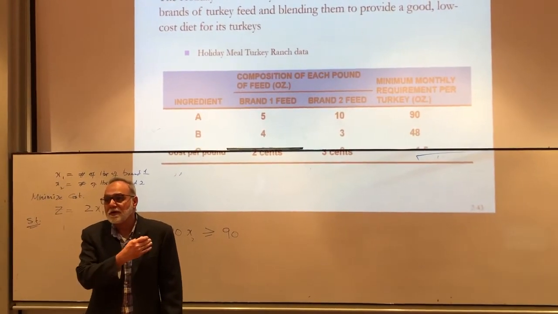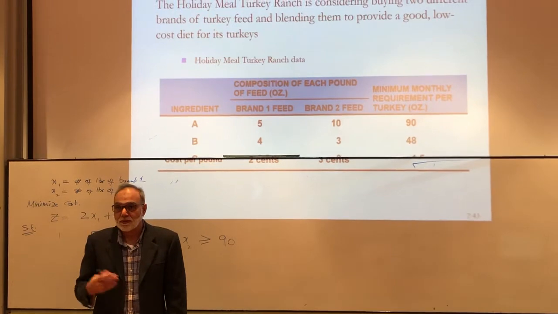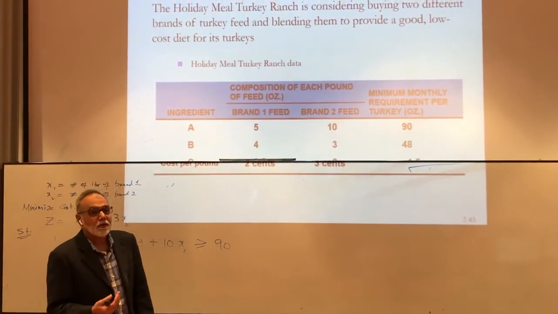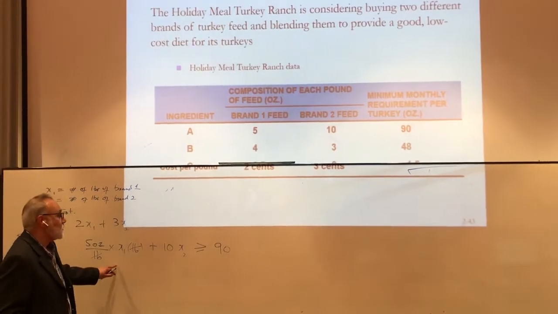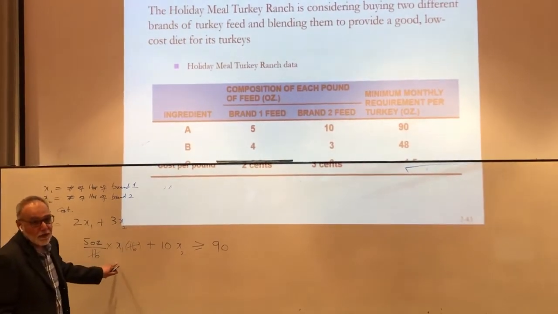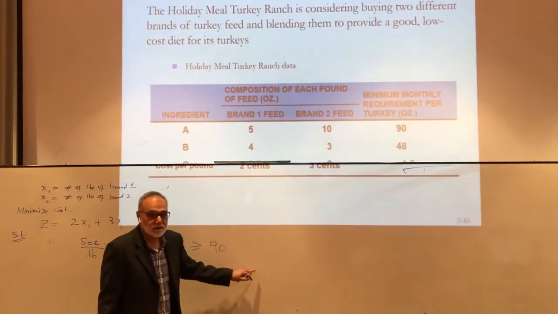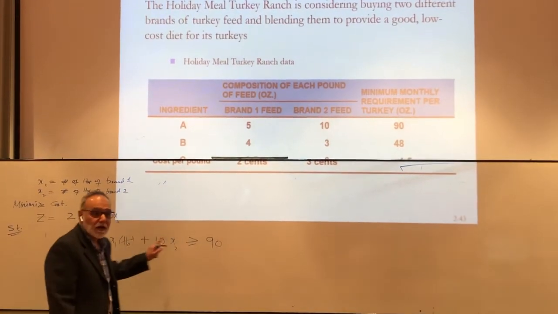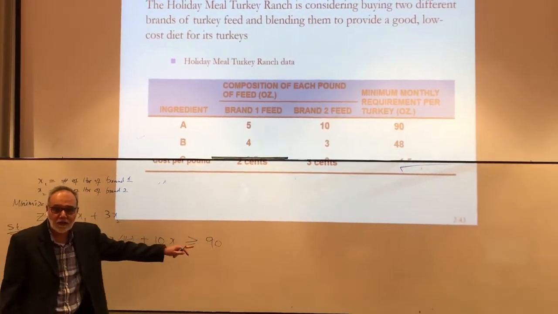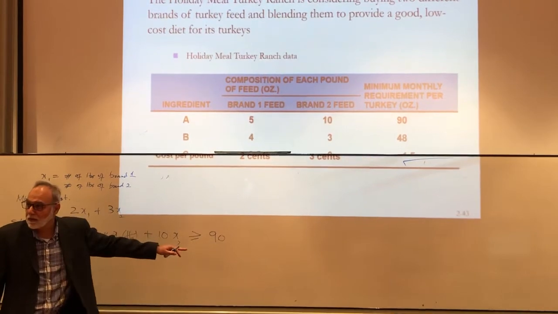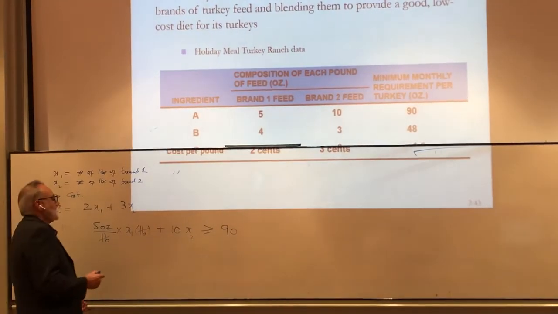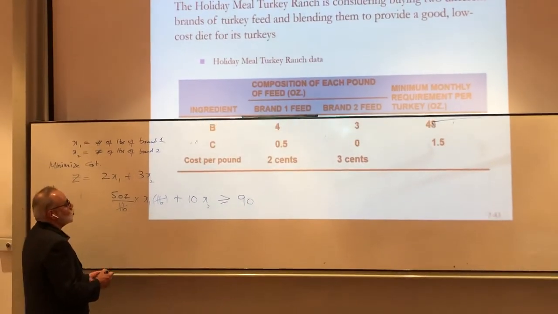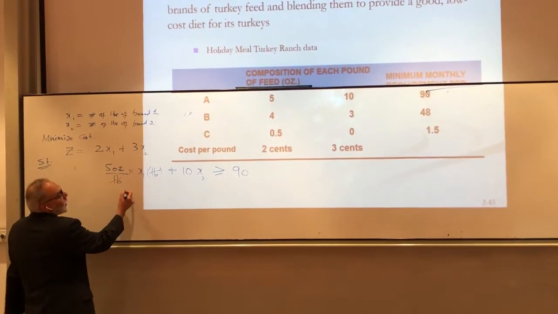So both ways are possible. Now we don't have to convert these constraints into pounds because these are all in ounces. The right hand side and the left hand side are both in ounces. So this is 5x1 plus 10x2 greater or equal to 90.